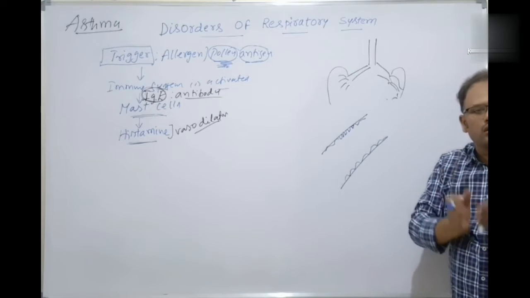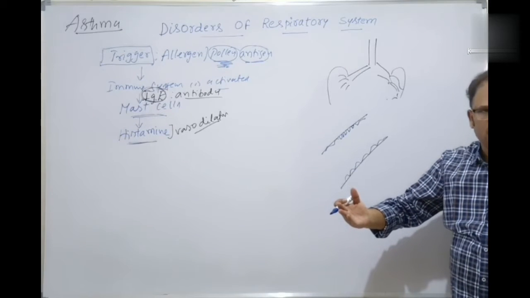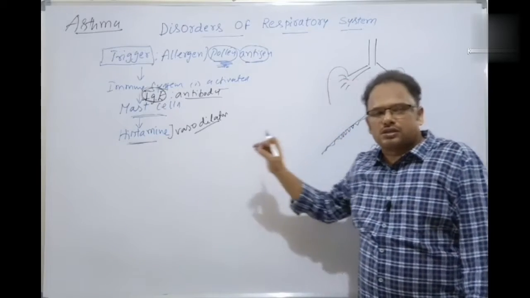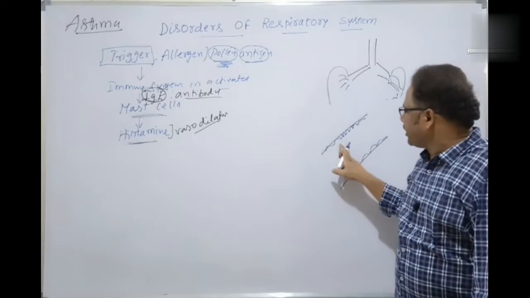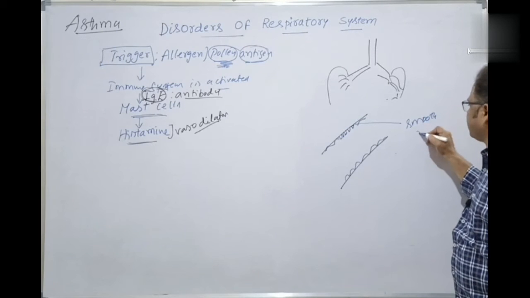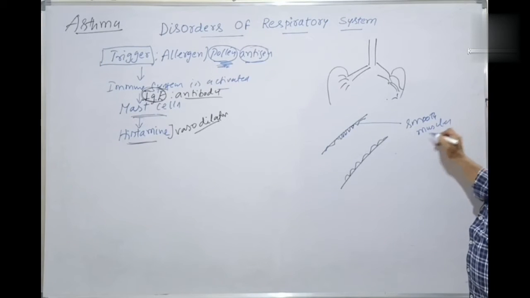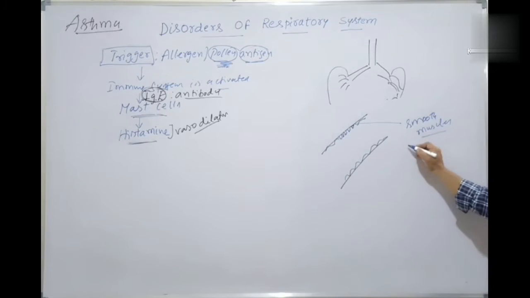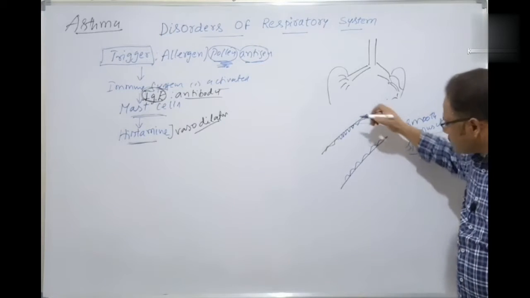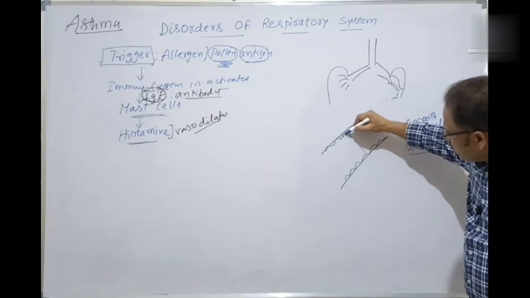They contract and relax. But because of the histamine, there is a sustained, continuous contraction of these smooth muscles, and this is called a spasm. Okay, students. This is a normal diameter.